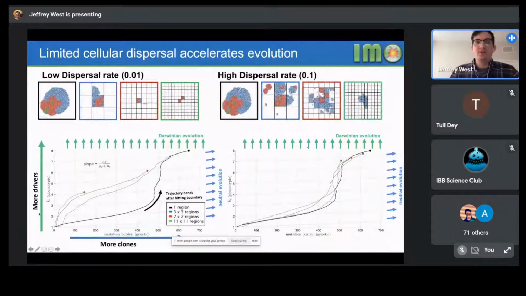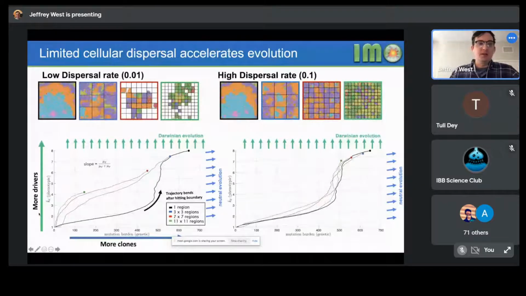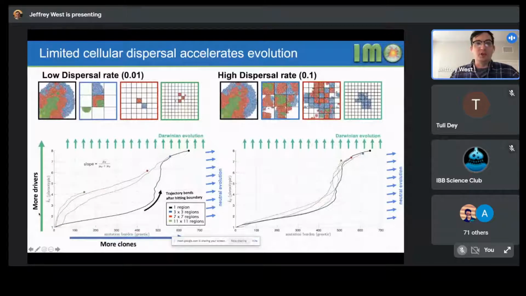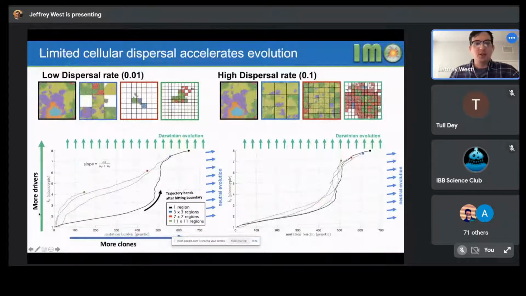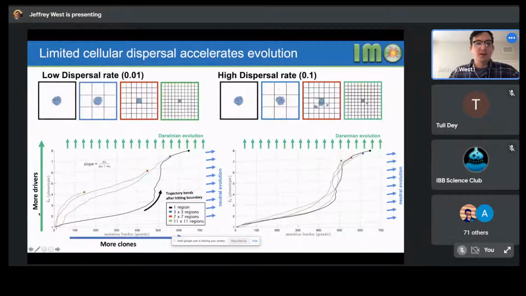So the summary of this slide is really that this low dispersal rate combined with these high rates of segregation of spatial constraints enables a more Darwinian evolution.